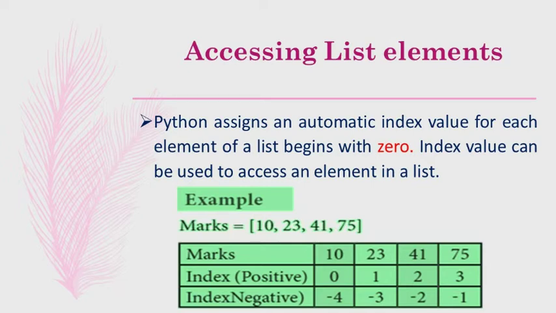So the first element is stored in the 0th index position, the next element in the first index position, the third element in the second index position, and the fourth element in the third index position. These are positive index values, but negative index values always start from the last character. So first write -1, and next -2, -3, -4. So positive index values start from the forward direction, and negative index values start from the backward direction, from the end of the list, in reverse order.